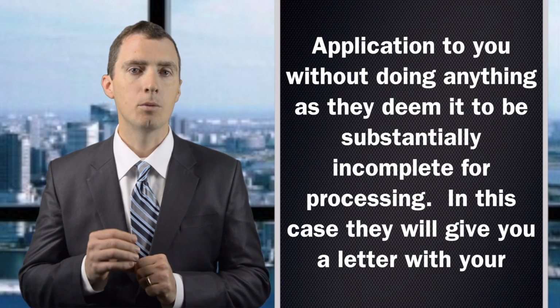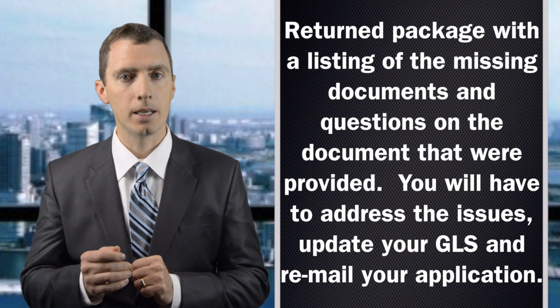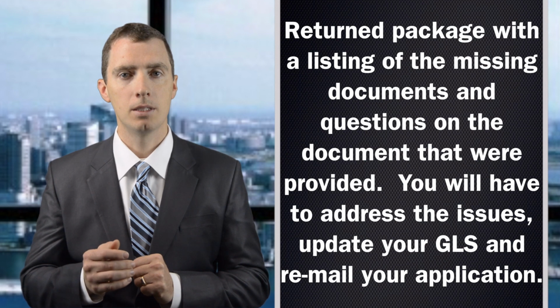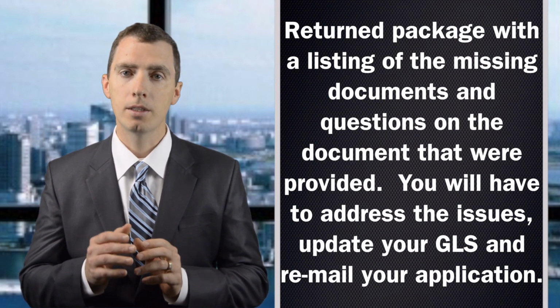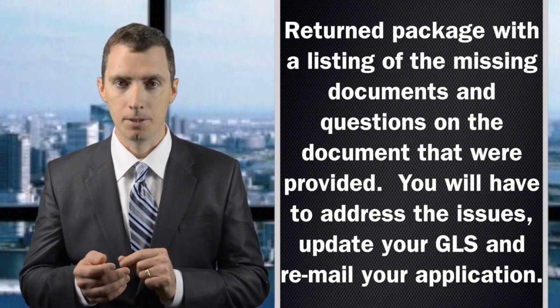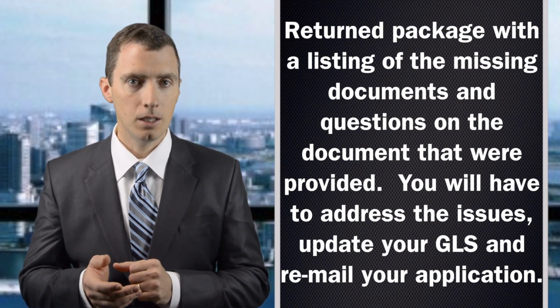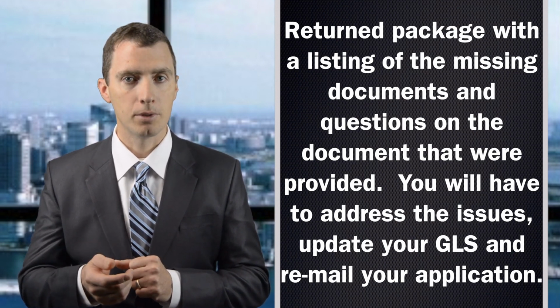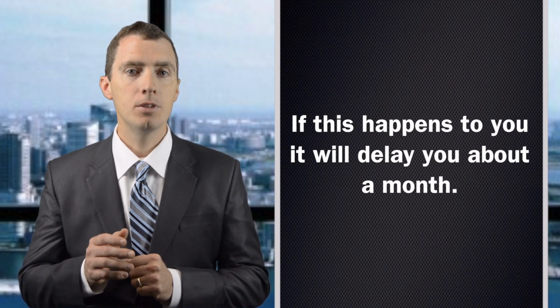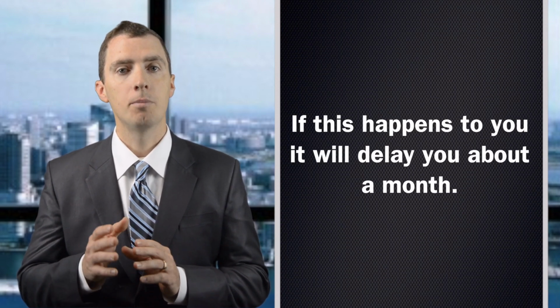In this case, they will give you a letter with your returned package with a listing of the missing documents and questions on the documents that were provided. You will have to address the issues, update your GLS, and remail your application. If this happens to you, it'll delay you about a month.